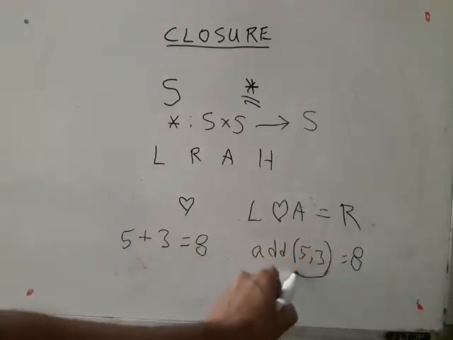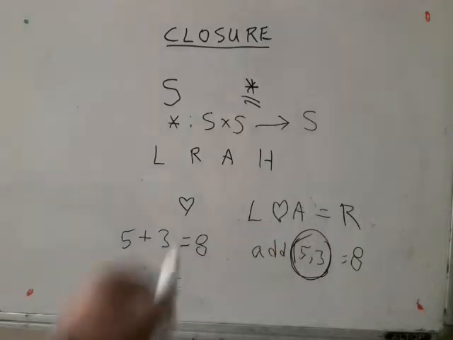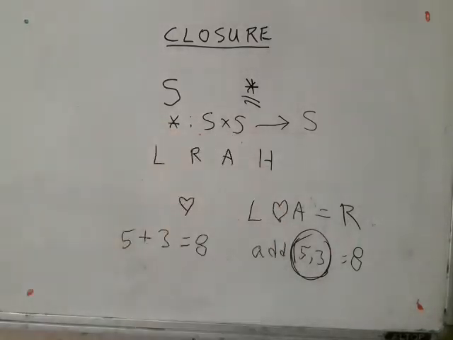So 5, 3, this pair is an element of my set S cross S. So S in this case may be the set of all integers.